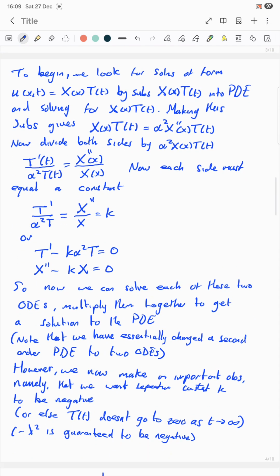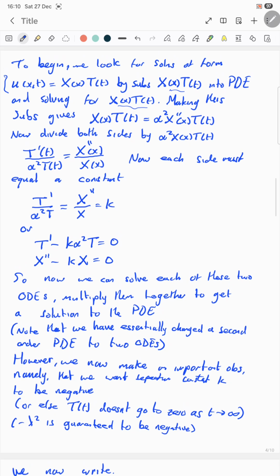To begin with, we look for solutions of the form u of x, t equals X of x T of t, by substituting this into our PDE and solving for this by the usual process of separation of variables, and making the substitution, it gives this equation.